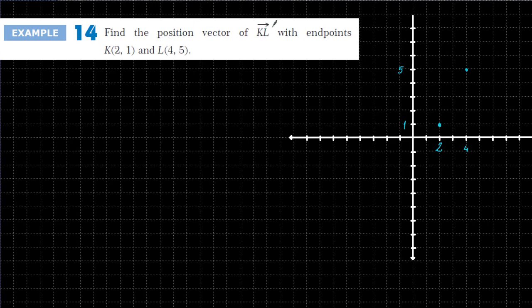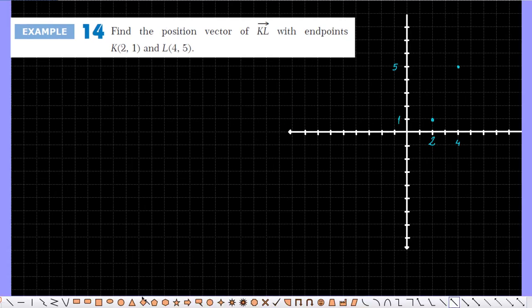Firstly, let me draw the KL, and then I can find the position vector by using the formula. Here it's already selected, and I'm going to use a different color for that one. Let's draw from this point to this one.